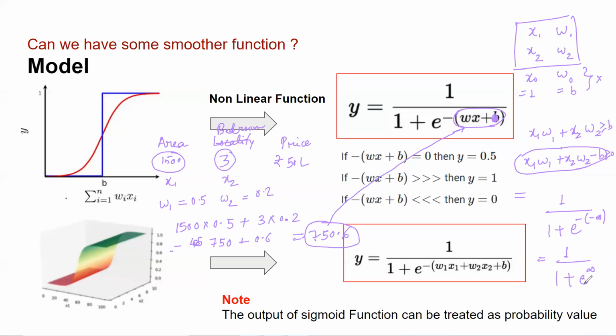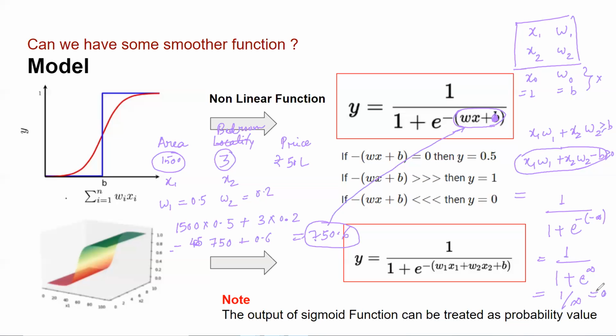This e is 2 point something, a positive value, so 2 point something raised to infinity will be a very huge value, close to infinity. Any number very close to infinity plus 1 is infinity itself. So it is 1 upon infinity, that is equal to 0.